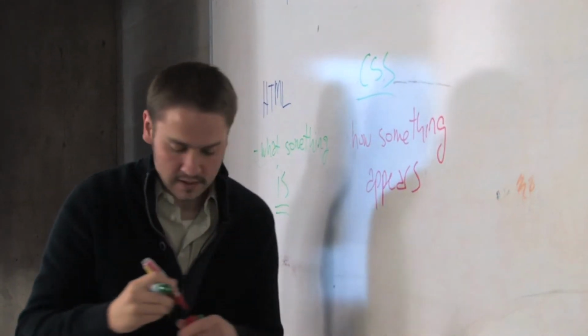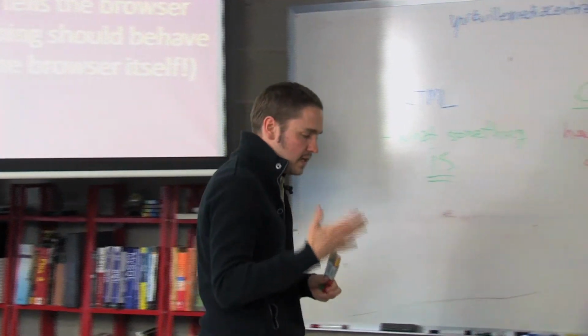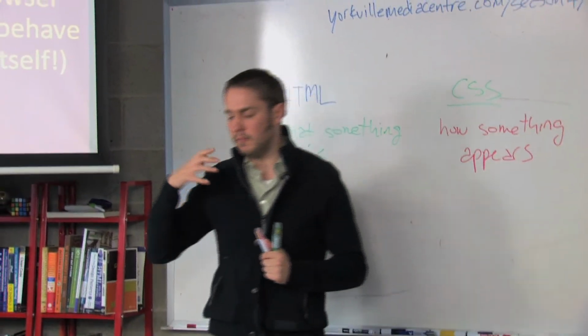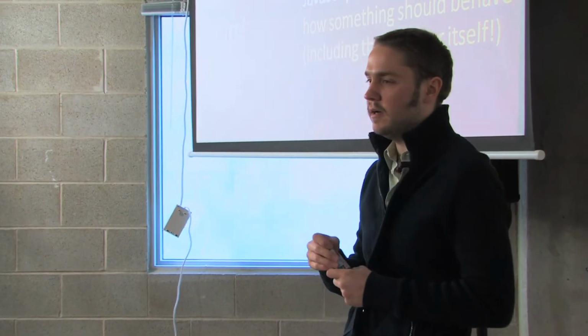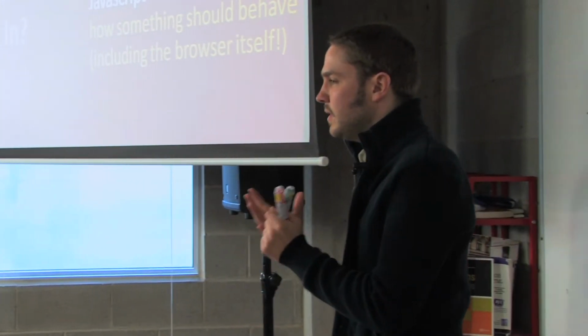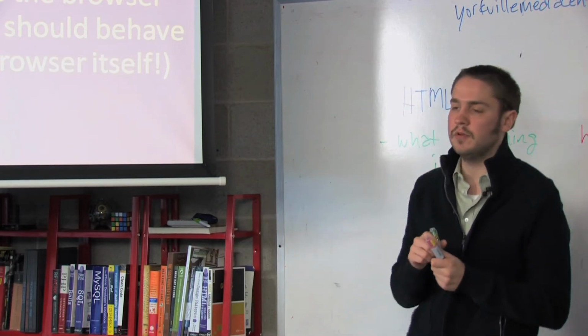So separating content from design. We also want to take into account, as something that's become more and more of a factor as the years have gone on, how something behaves, and actions. And that's just a little sample of what JavaScript does.